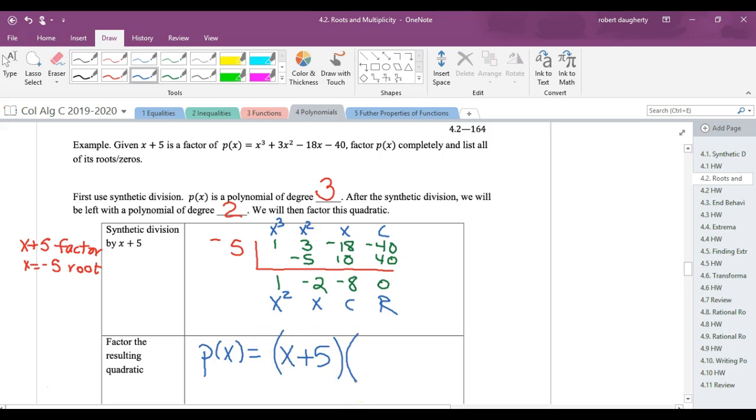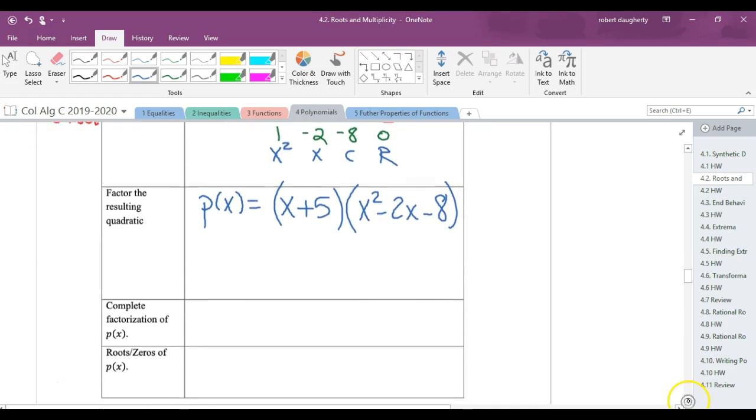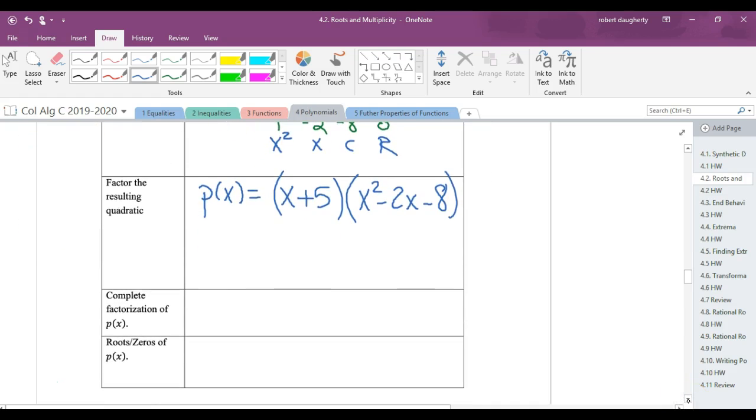And then what am I left with? What's that bottom row telling me? x squared. Okay. So that's what happens when I factor out the x plus 5.